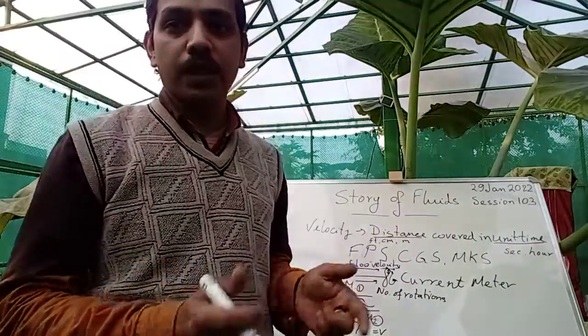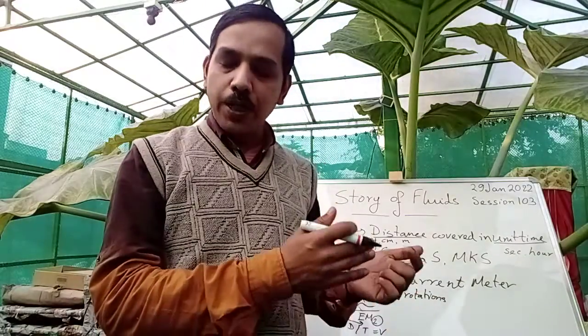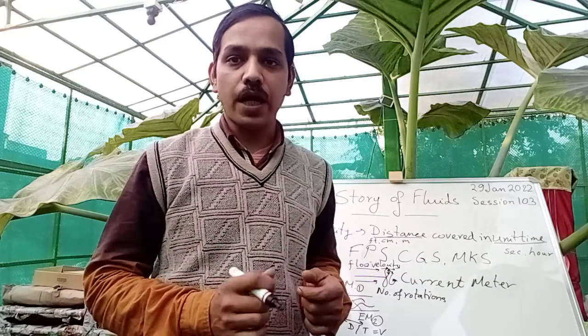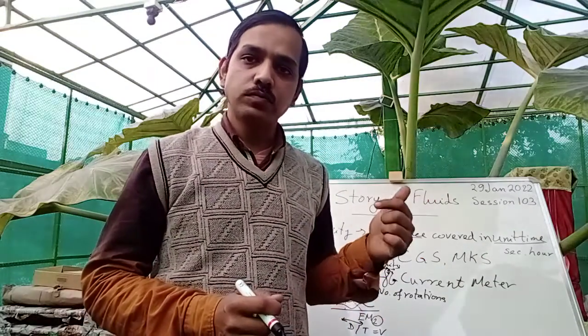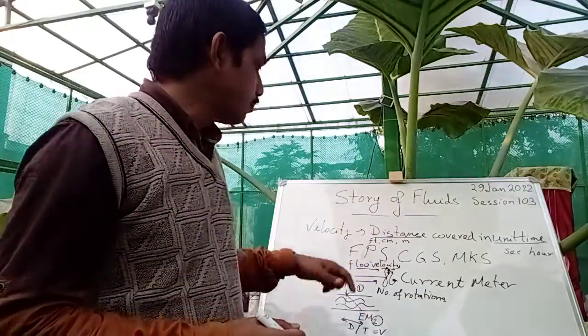So maybe the same parameter, but the measurement technique you should use should be different depending on the characteristics of that particular fluid and the conduit it has. Depending on that, we can develop many techniques for that kind of measurement.